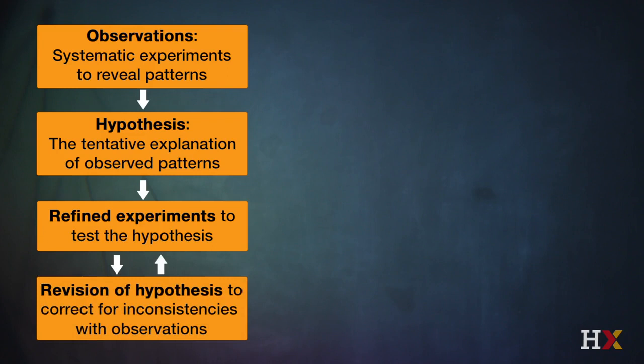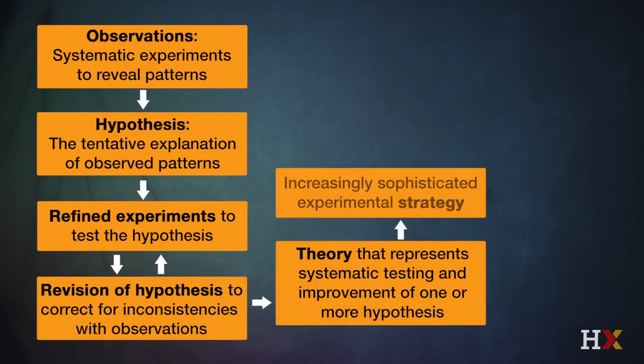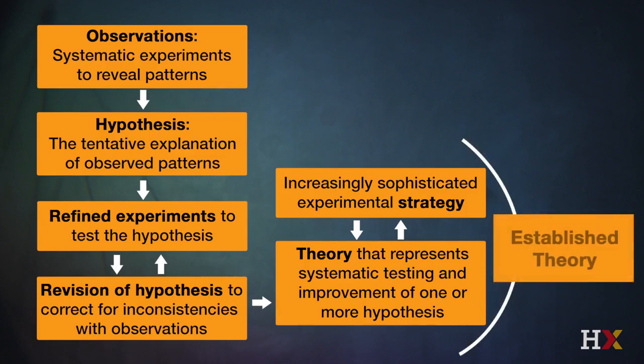And so this linkage then was set up between sophisticated experimental strategy and the development of a theory. And as the sophistication of the experimental approach improved, so too did the strength of the theory that was representing the explanation for why those events were occurring.